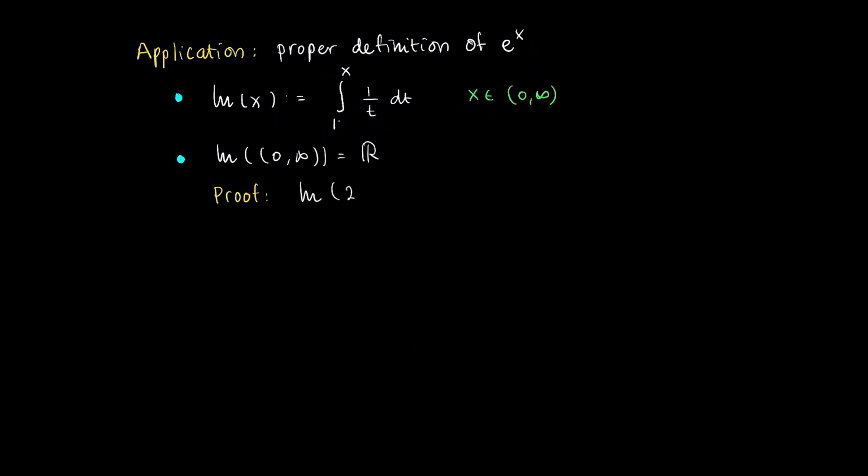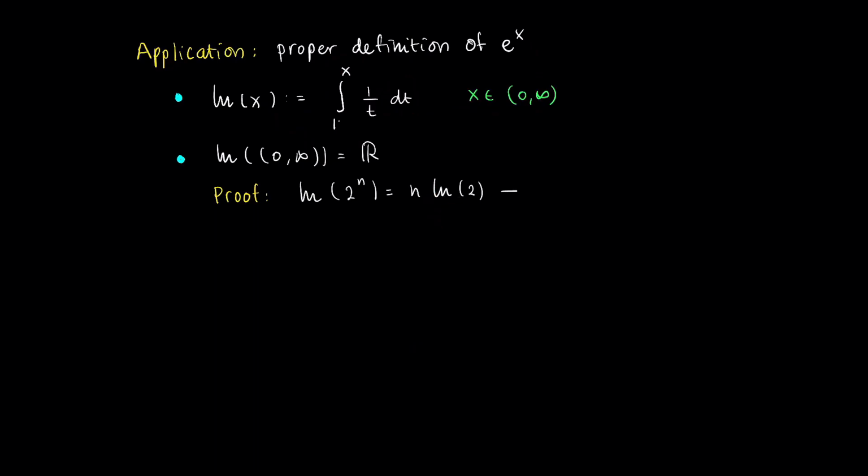We look at the logarithm of 2 to the power n, which is the same as n times the logarithm of 2. And the logarithm of 2 is a positive number, since we have the integral from 1 to 2 over a positive function. So the area under the graph of 1 over t from 1 to 2 is a positive thing. So the logarithm of 2 is positive.